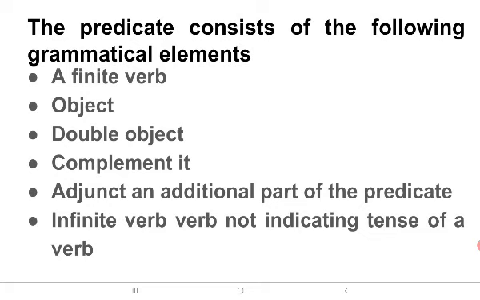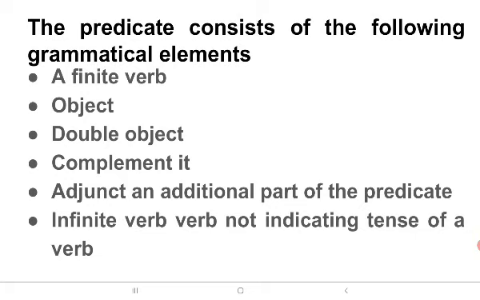And the predicate consists of the following grammatical elements: a finite verb, which has some definiteness, which gives some end information, and a finite verb predicate should also have an object or a double object, or it should be complemented.